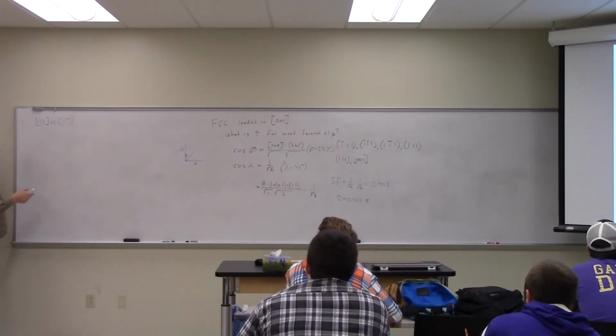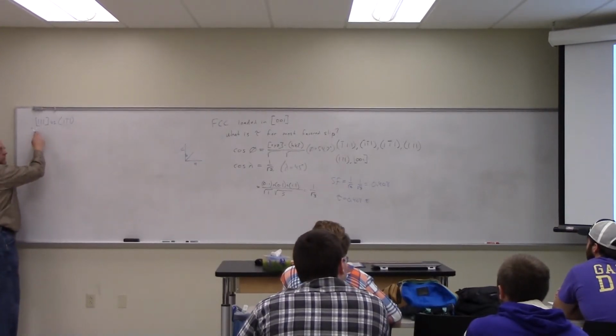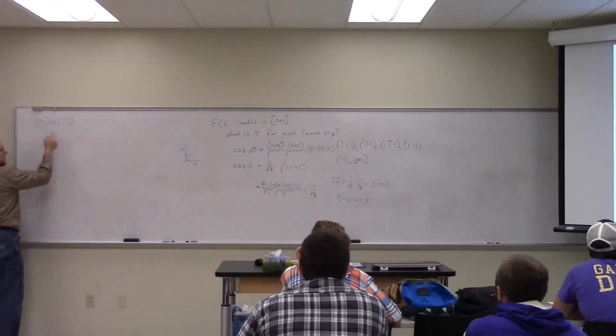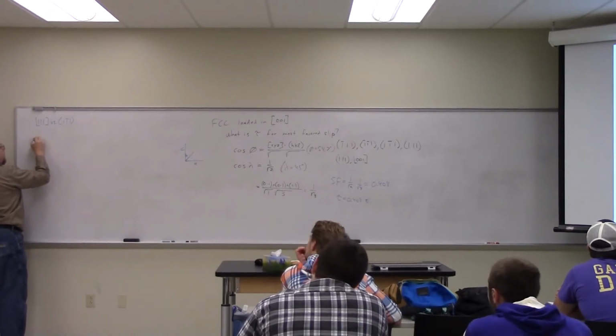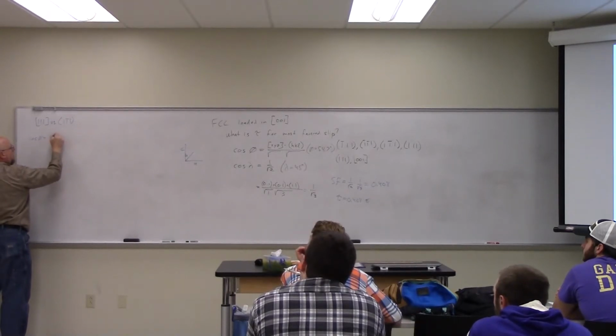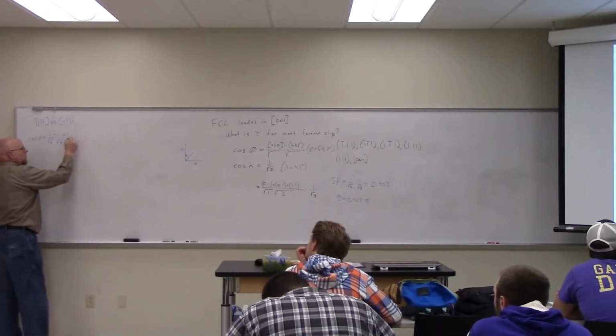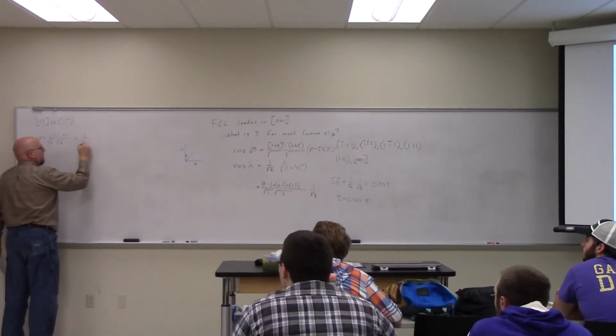I'm pulling in the 1, 1, 1 direction. Right, so here, cosine of phi is going to equal 1 minus 1 plus 1 divided by the square root of 3 times the square root of 3. Right? That's 1 over 3.